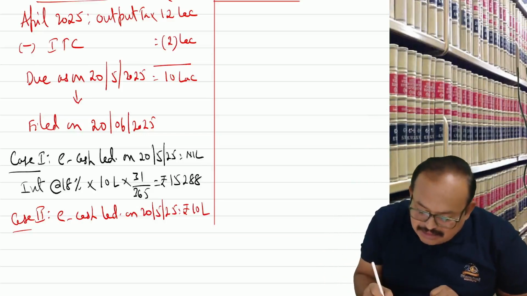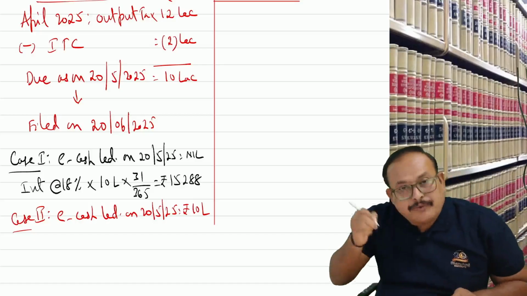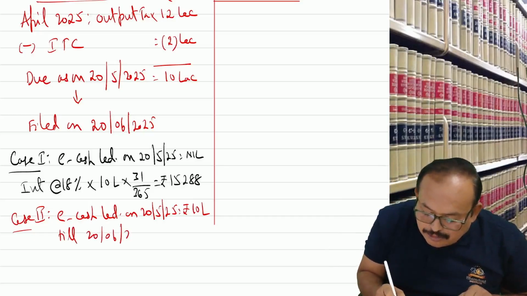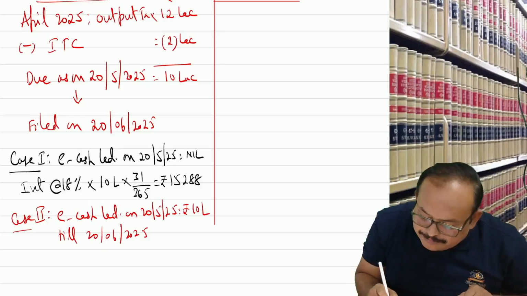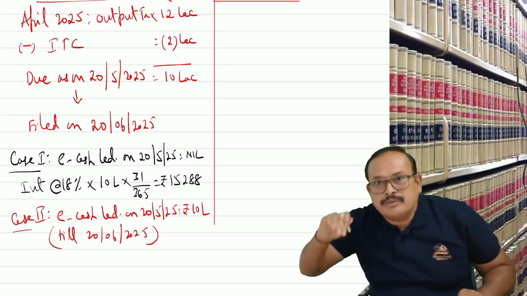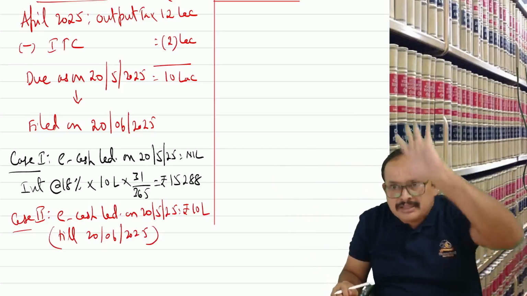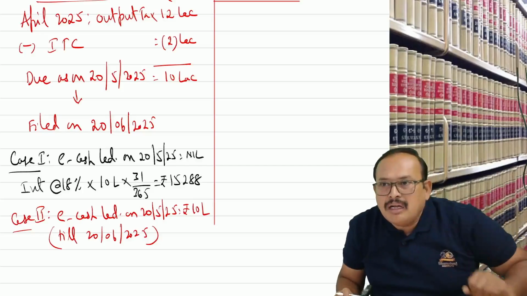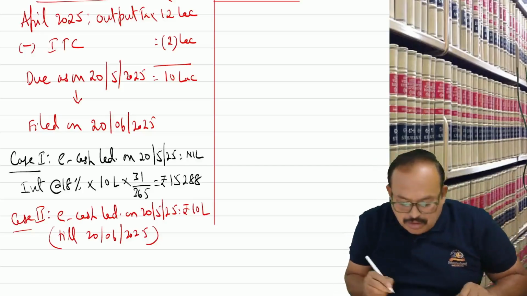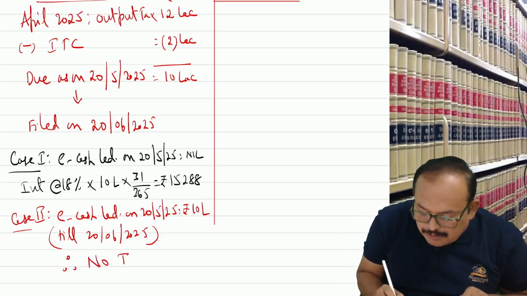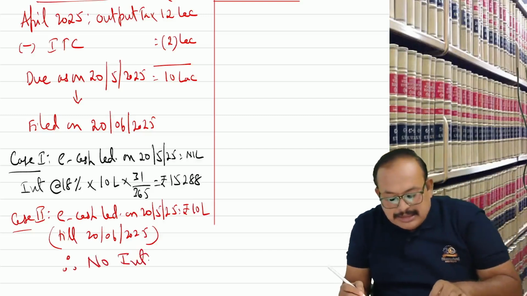This 10 lakhs as on 30th May 2025 is there till 20th June 2025, till the date of filing the return. In that case, is interest applicable? No. So therefore no interest is clear.